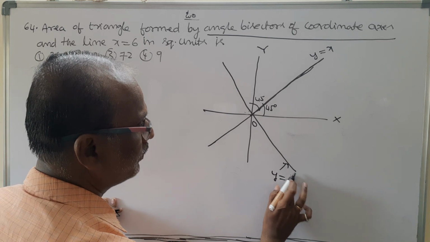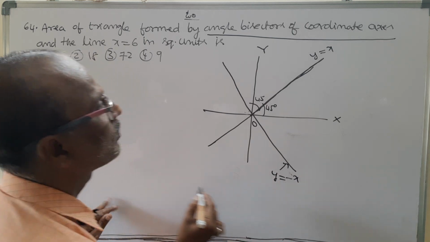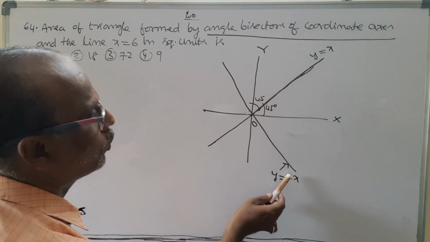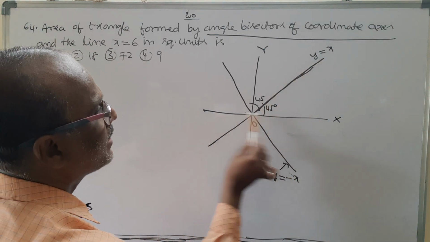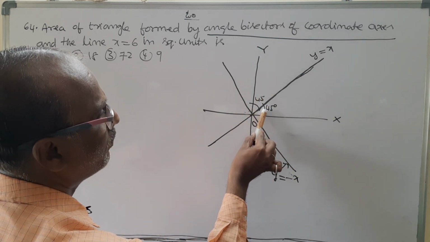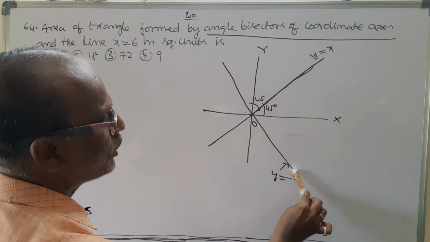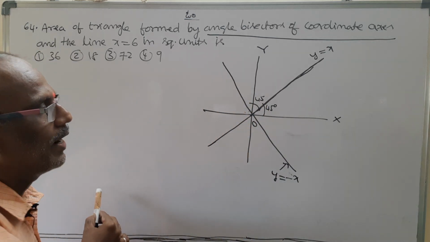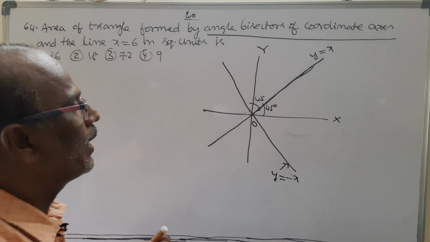Very important: the lines y is equal to x and y is equal to minus x are the angular bisectors of the coordinate axes. This line bisects 45 degrees, and y is equal to minus x also bisects 45 degrees.